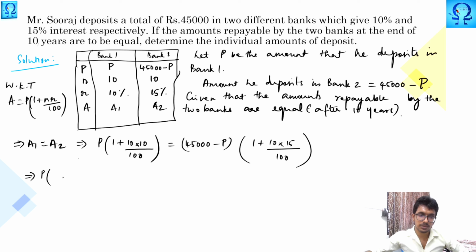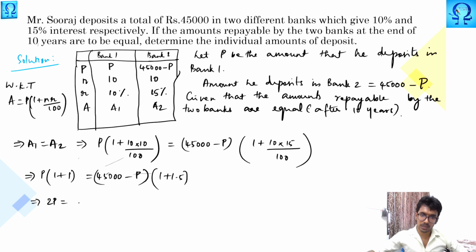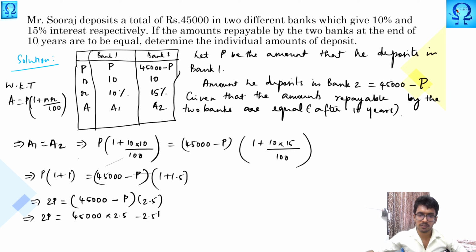So it is P times (1 plus 100 upon 100), so you get 2P. Here it is 45,000 minus P times (1 plus 150 upon 100, which gives 1.5), so 2.5. Here you have 45,000 minus P into 2.5. When you multiply these things inside, you get 45,000 into 2.5 minus 2.5P.